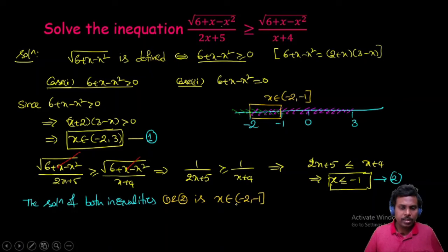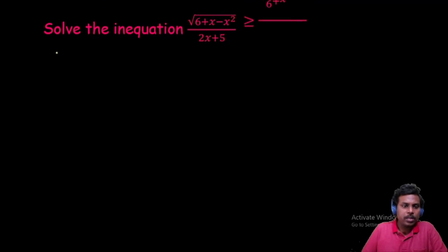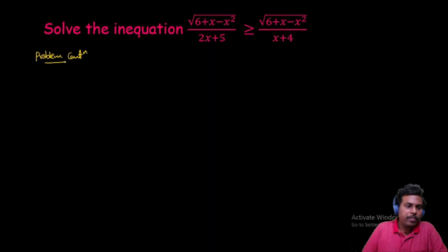Now let us discuss case 2. Case 2 is continued here, or the problem is continued here. Okay. Let us discuss case 2. Case 2 is what? 6 plus x minus x square is equal to 0. In this case, the above inequality holds true.